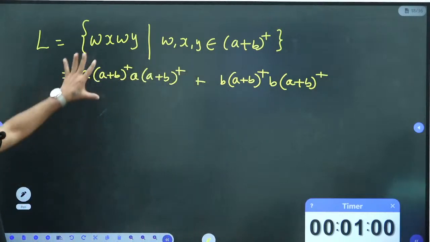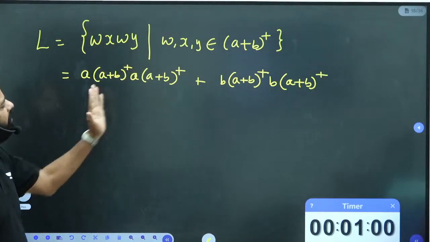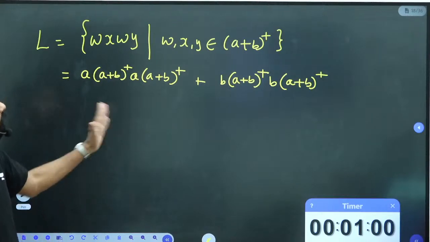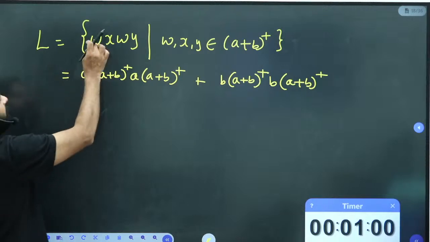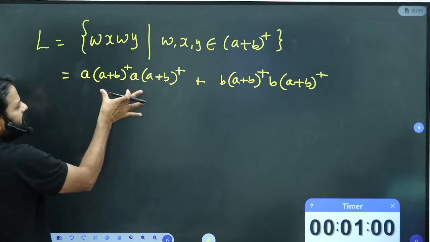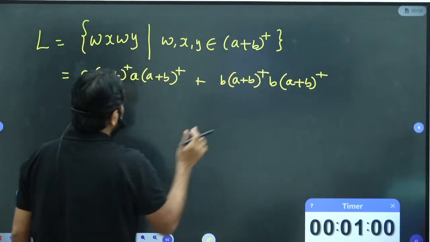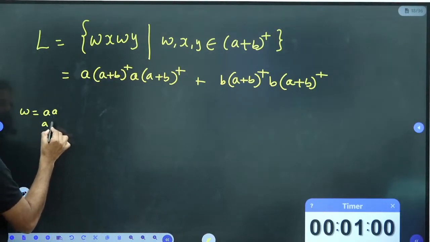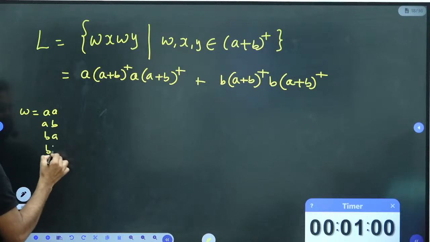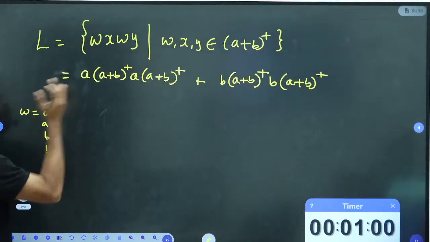Now take any w, x and y. Will it be covered by these two or not? It should. If not, this is a wrong answer. When I put a, it's this expression; for b, this expression. Now I'll try to ensure that aa, ab, ba, bb are all forms covered in at least one of them.